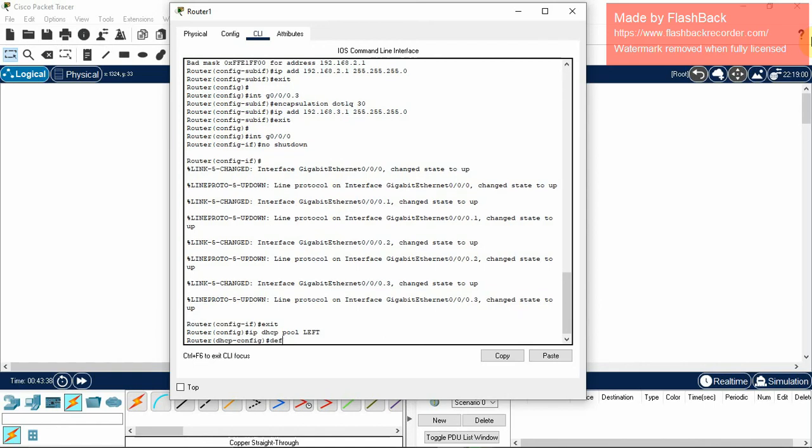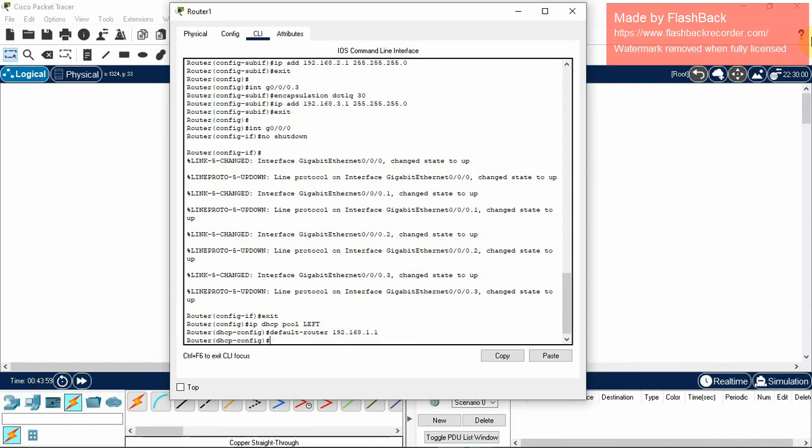And its default gateway router, still the same as default gateway, but Packet Tracer only allows default-router as a command. So 192.168.1.1, and then because the network is 192.168.1.0, the subnet mask is 255.255.255.0.